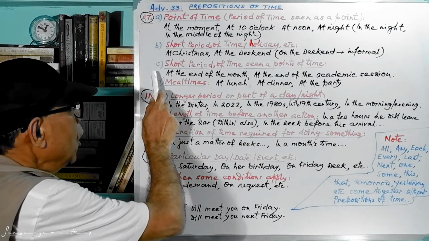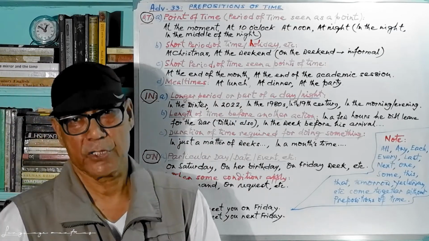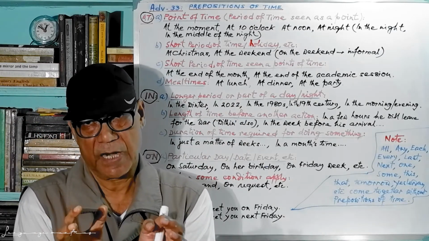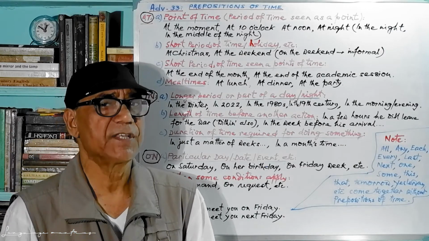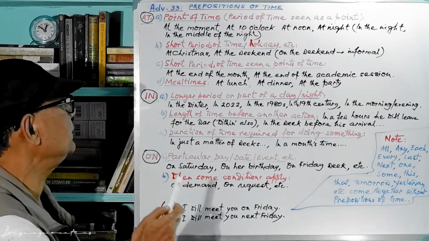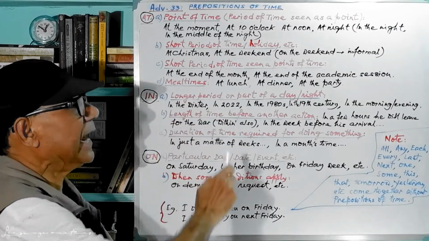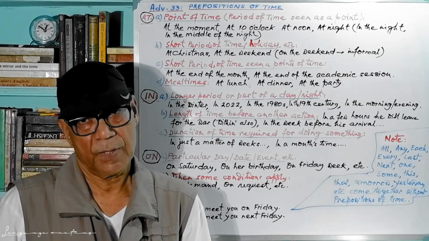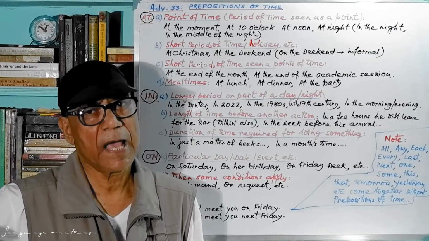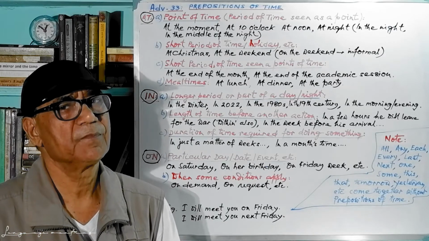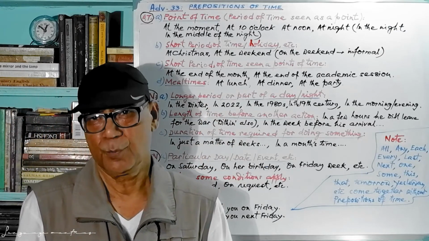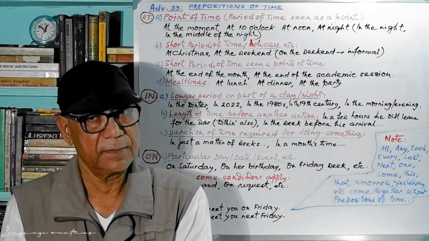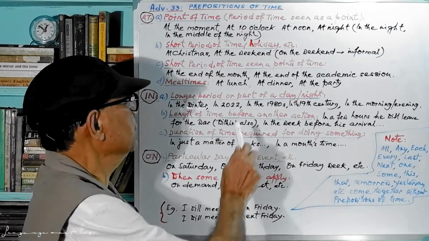Now number C, short period of time seen as a point of time. Short period of time. But this period of time is treated as a point of time. For example, at the end of the month. End of the month refers to the last days as a point of time. At the end of the month, I have to pay my electricity bill. This is possible.